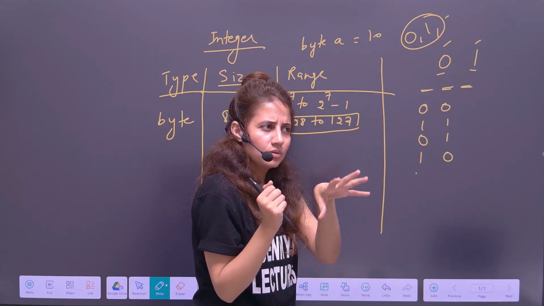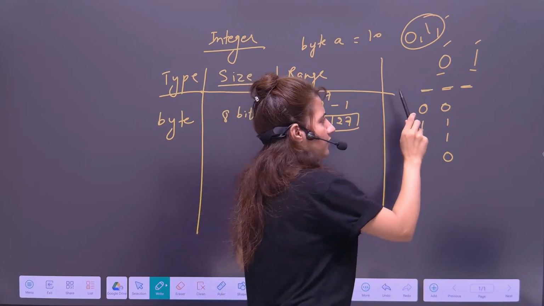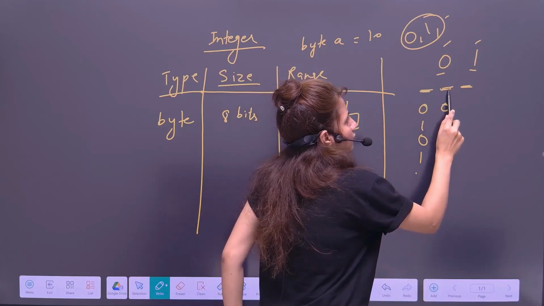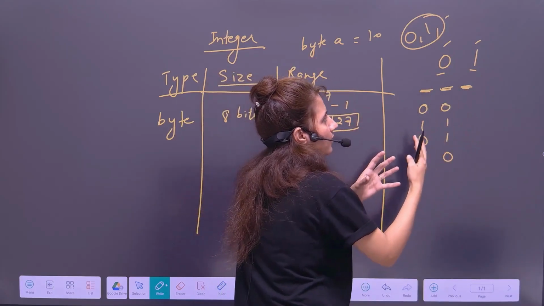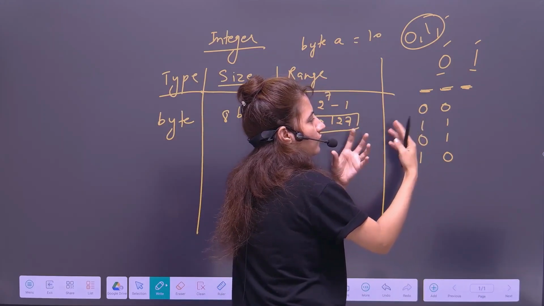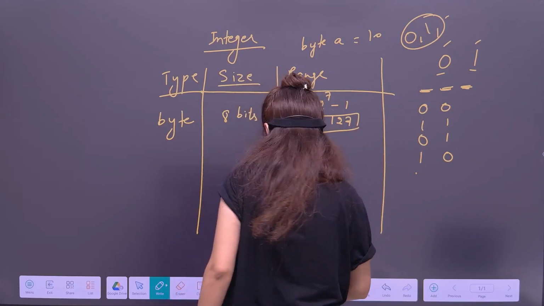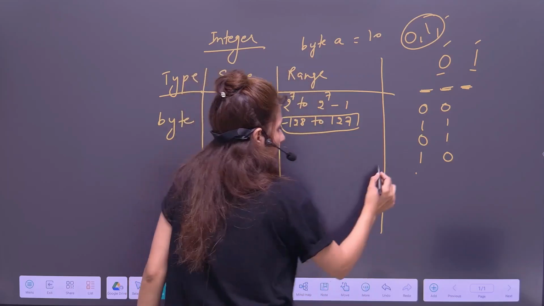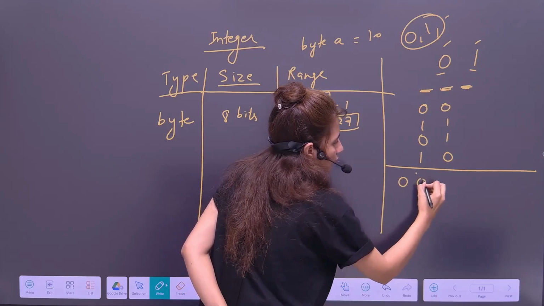Bits are 0 and 1, but you have positions, like 3 bits, 1, 2, 3. You may have read about permutation and combination; there you get this kind of thing. Let me explain. If there are 3 bits, how many different arrangements can you make with 0 and 1? At the first place, 0 0 0.